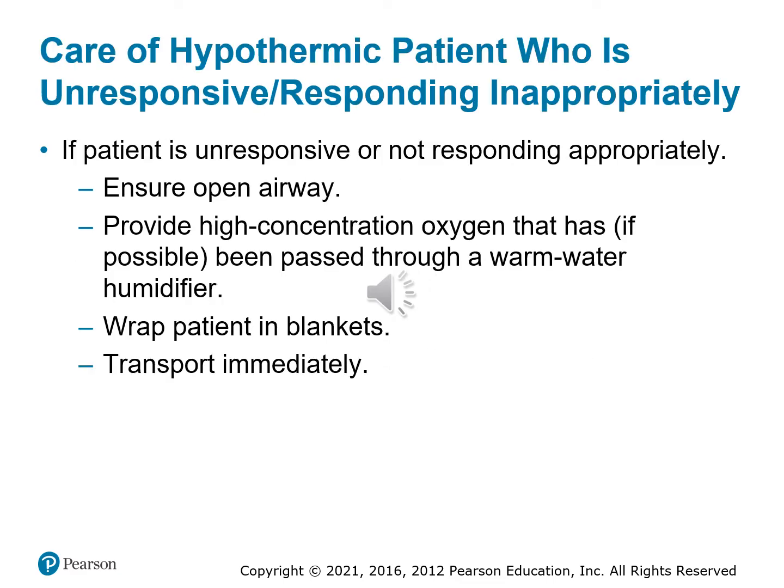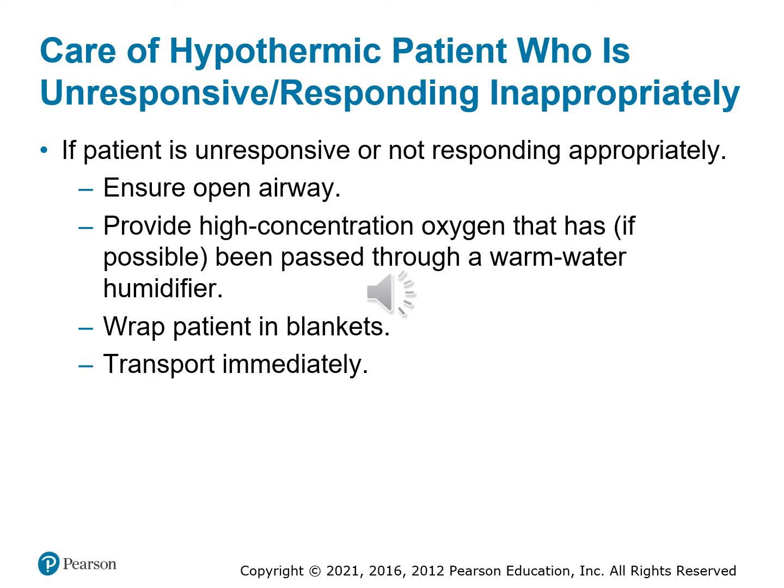Now, caring for that hypothermic patient who's unresponsive or responding inappropriately. First and foremost, remember your ABCs and ensure that the airway is open. If it is open and you're able to provide high concentration O2 that's been passed through a warm water humidifier, it's going to promote internal warming in addition to increasing the blood oxygen level.